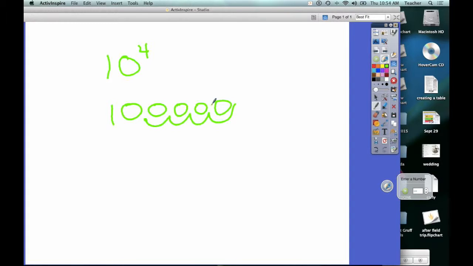Now, someone asked earlier about 10 to the power of 1. Well, if I have this 10 to the power of 4, what am I doing with my 10? Well, what I'm doing is I'm going from one place value to another. So how do I get from 10 to 100? Tell me an equation that would get me from 10 to 100.